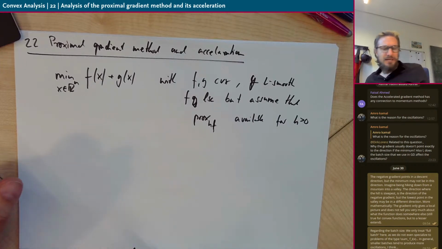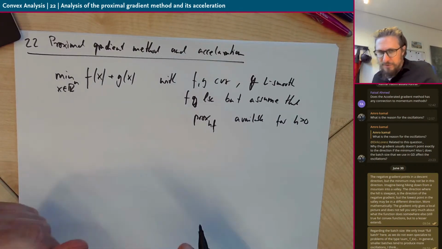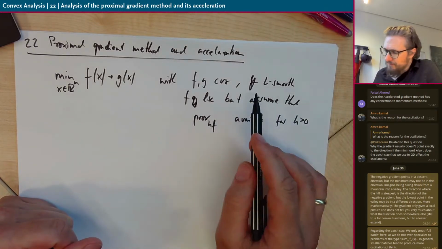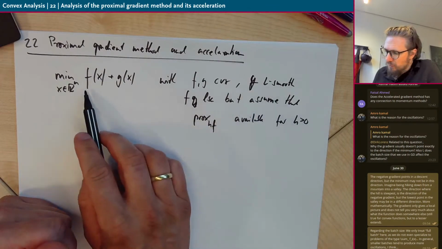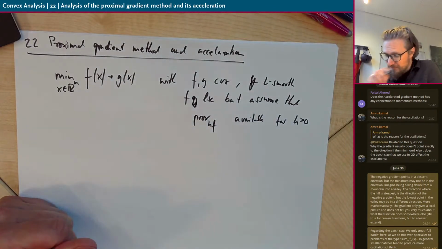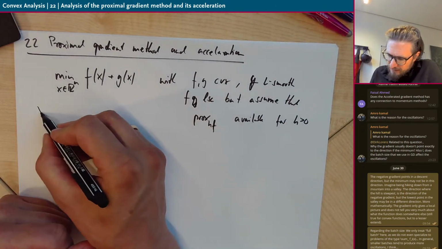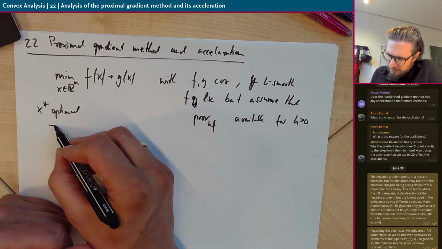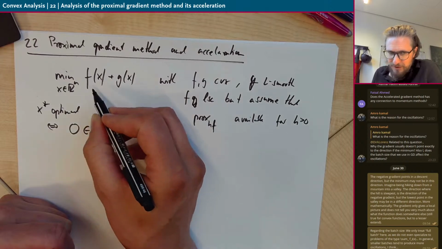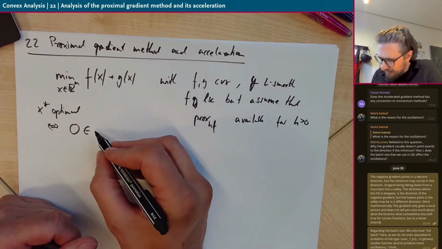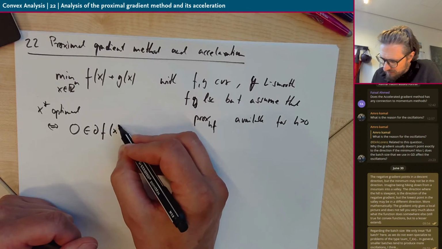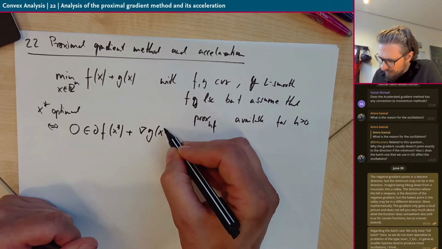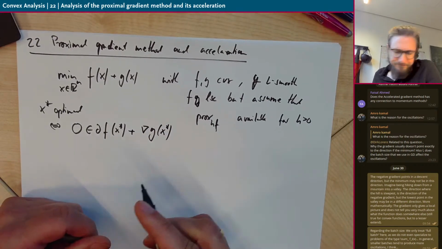So then we can motivate the proximal gradient method as follows. If g is L smooth, it's also continuous everywhere, so the subgradient sum rule applies for f plus g. And we can characterize optima by saying that 0 is in the subgradient of the objective. f is just subdifferentiable, but g is smooth, so the subgradient sum rule says this.